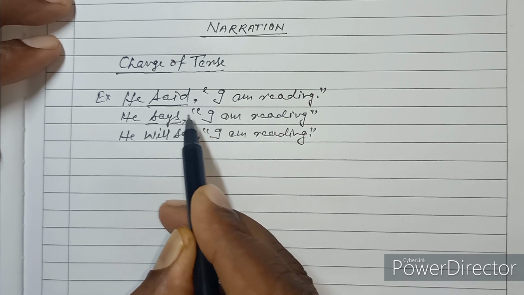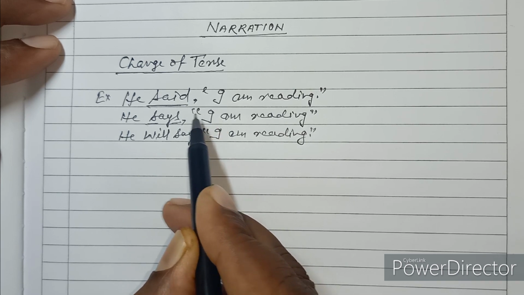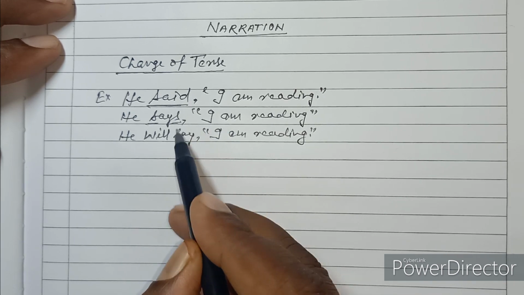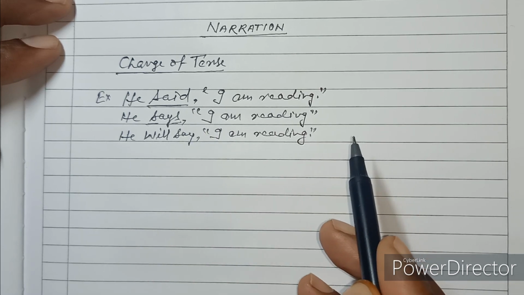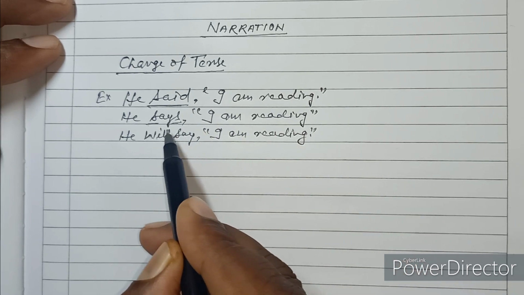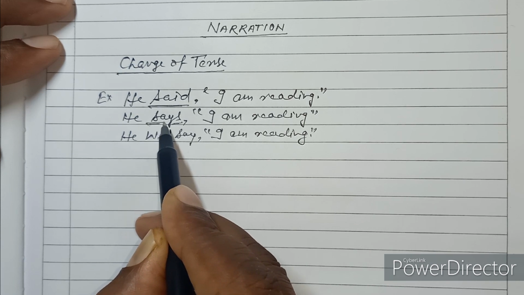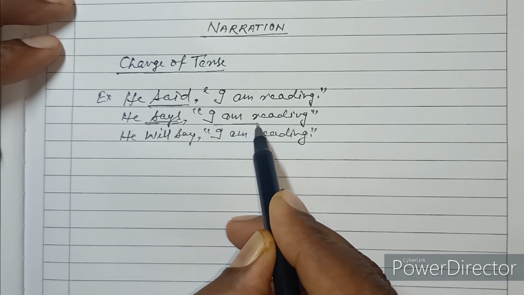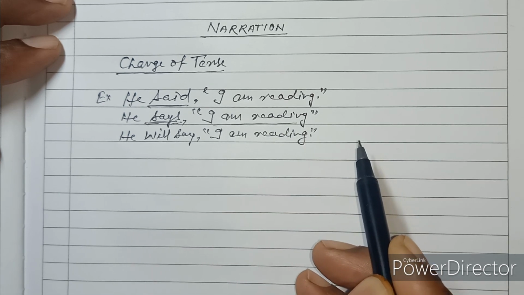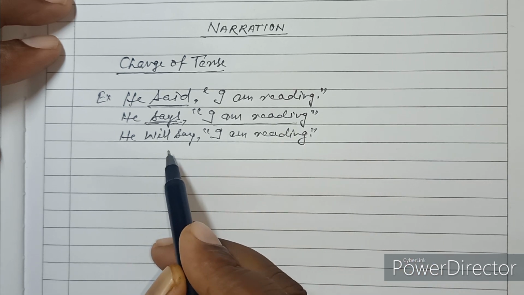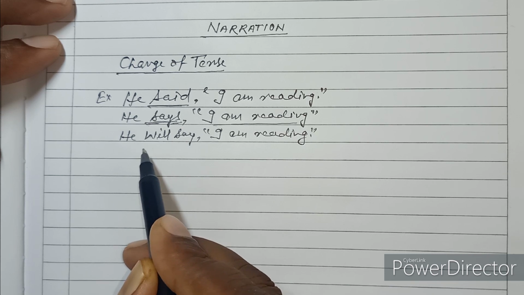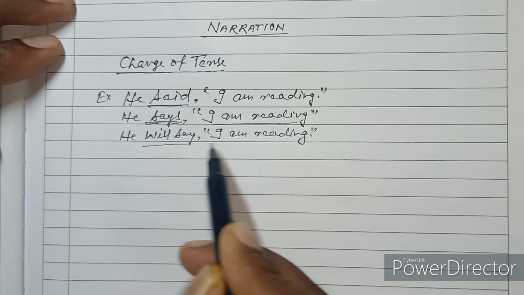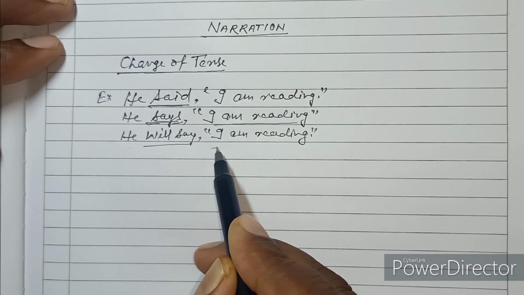But we don't change the sentences by a single rule. There are different rules for changing the tense. When the reporting verb is in present tense, the tense of reported speech doesn't change. Similarly, when the reporting verb is in future tense, will say, the tense of reported speech will not change.